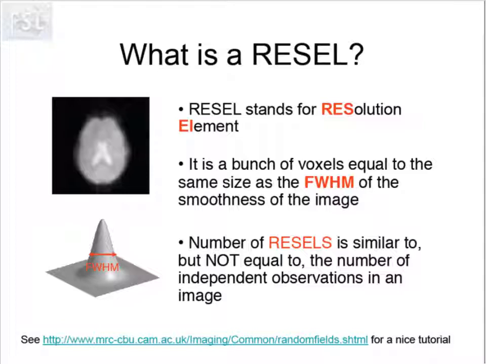So now the smoothness of the image is characterized using Gaussians, and I'm not going to get into the details of this theory because it's quite complicated, but the resel size is that full width half maximum of the smoothness of the image, and it's similar to, but not exactly equal to, the number of independent observations in the image. It's an estimate of that, effectively. So therefore we're basically correcting our statistics for the number of resels rather than the number of voxels.